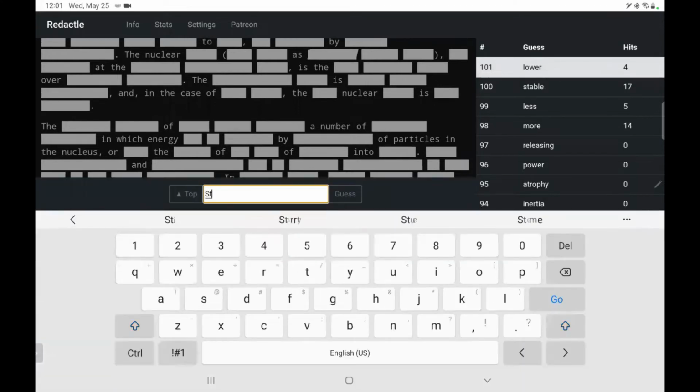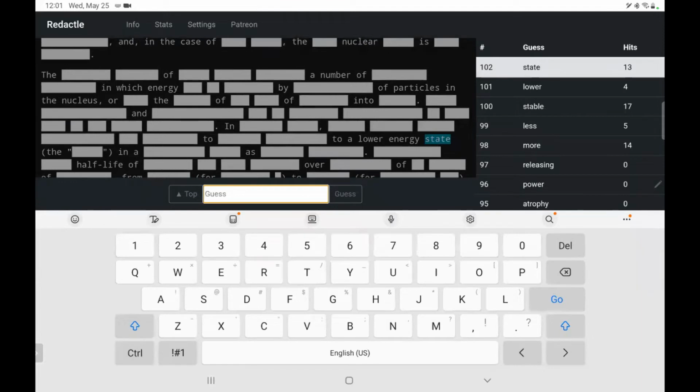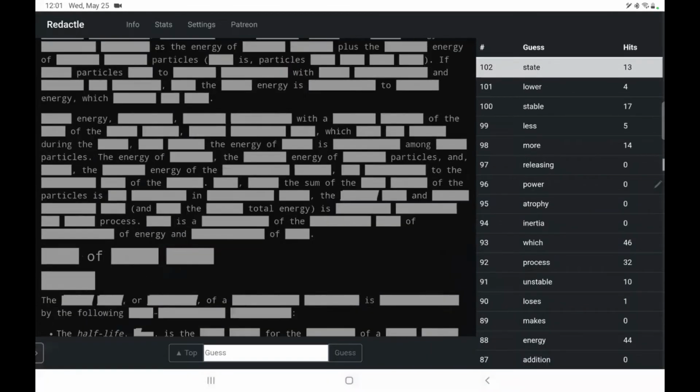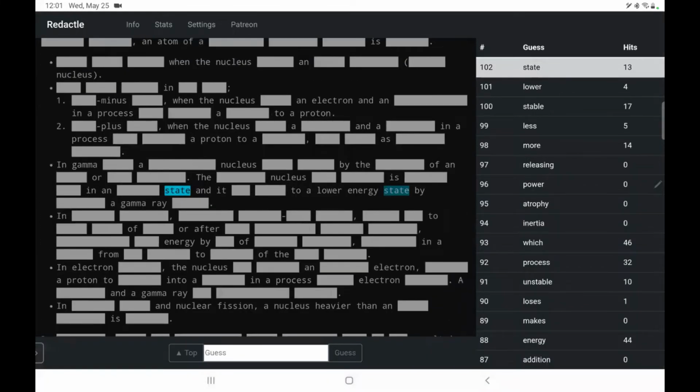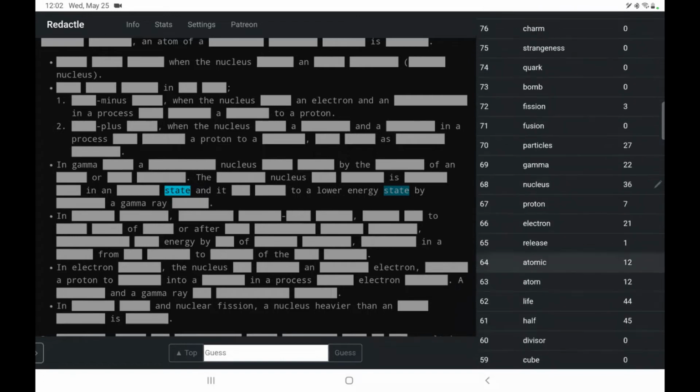How about a lower energy state? Yeah, the something. In gamma something, a something nucleus. So in gamma, we've done radiation, right?